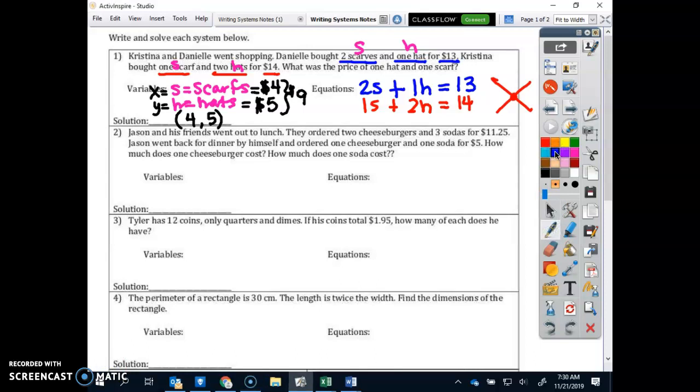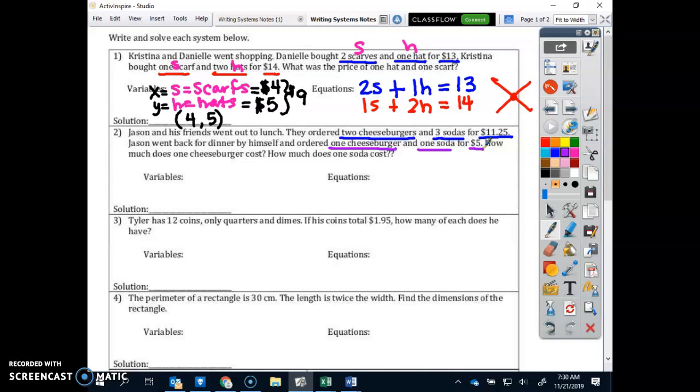It says Jason and his friends went out to lunch. They ordered 2 cheeseburgers and 3 sodas for $11.25. Okay? Jason went back for dinner by himself and ordered 1 cheeseburger and 1 soda for $5. There's my 2 equations.